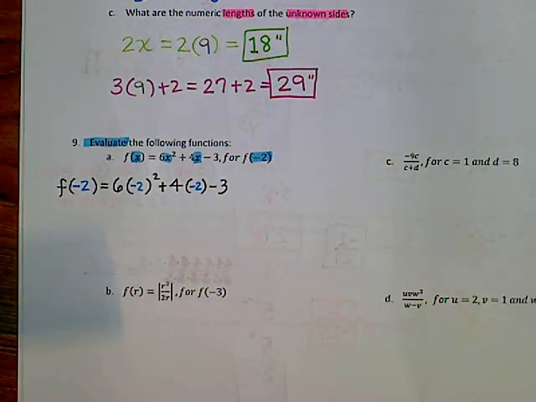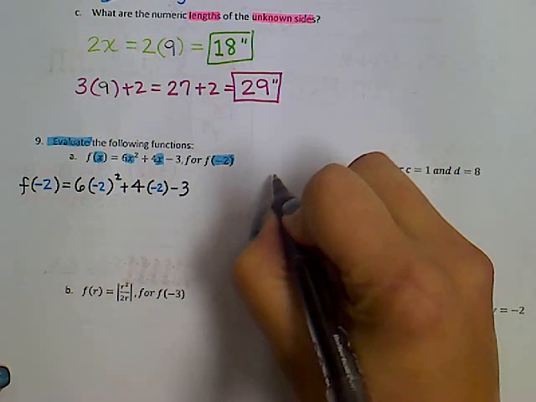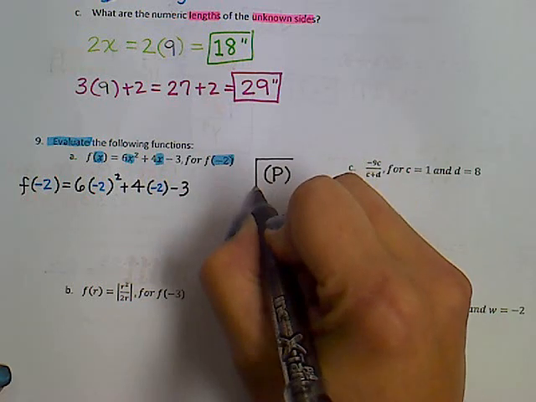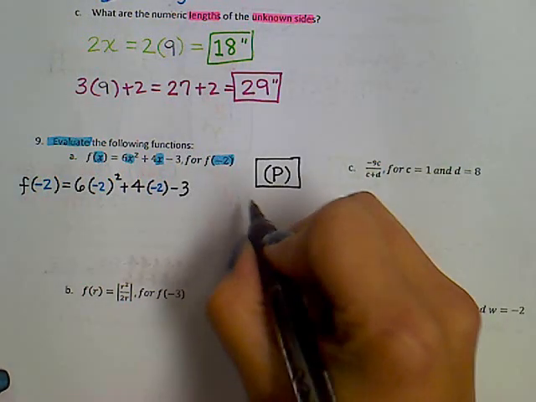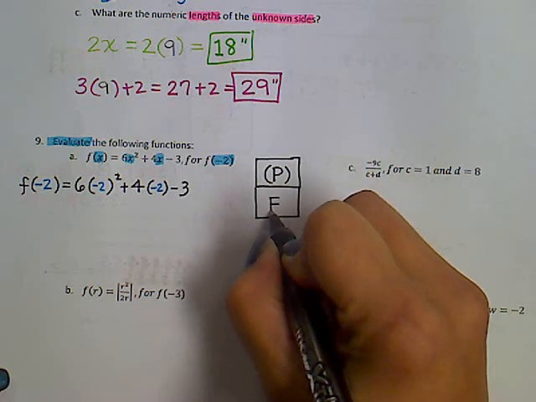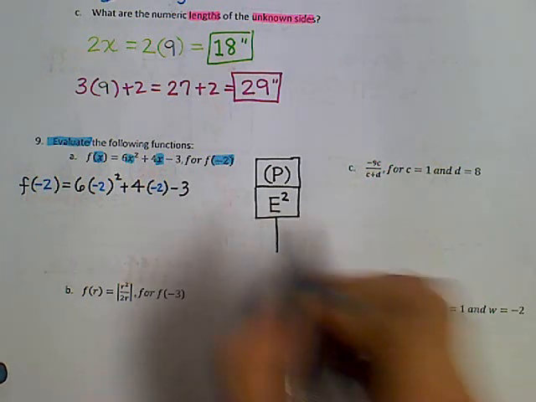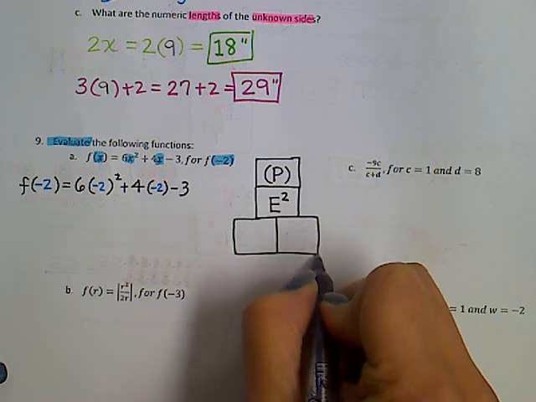Now, I think the biggest mistake that people were having is you must follow the order of operations. So, order of operations, we have parentheses. Now, what I mean by parentheses is inside the parentheses, followed by E for exponents. Now, these two hold the same weight.